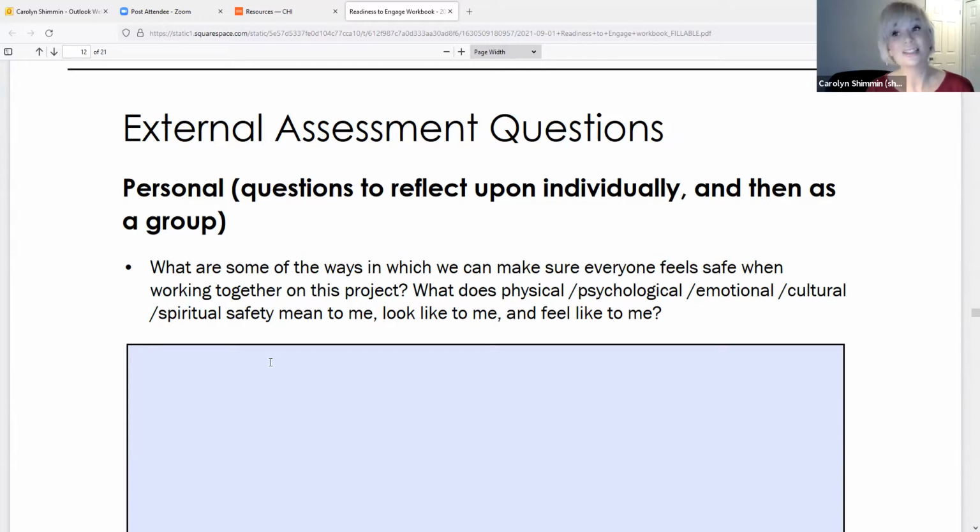So what does physical, psychological, emotional, cultural, spiritual safety mean to me, look like to me, and feel like to me? This is a conversation that I talked about before that we often have as a group, but it's a great way to think about it first on your own, and then you can come together and have that conversation as well.